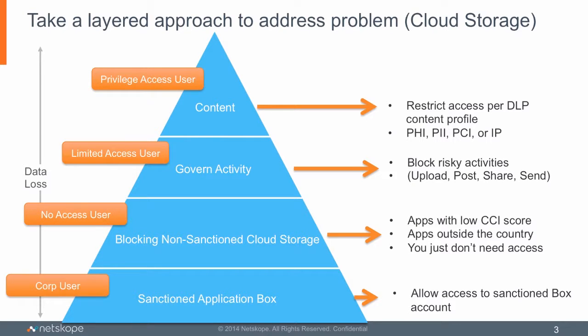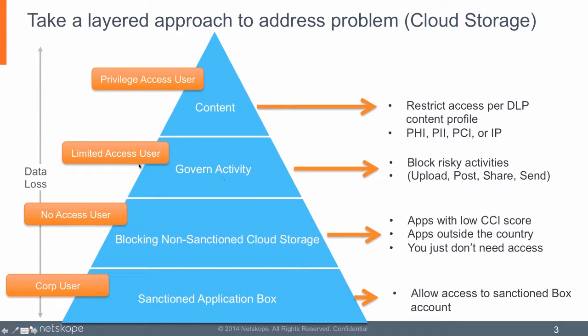So with Netskope, what you can do is create a limited access user policy that allows users to go to the non-sanctioned cloud storage, but limit the user's ability to perform those actions: upload, post, share, and send. So if a user is not able to perform these specific activities, you can secure those applications while still allowing them to collaborate.